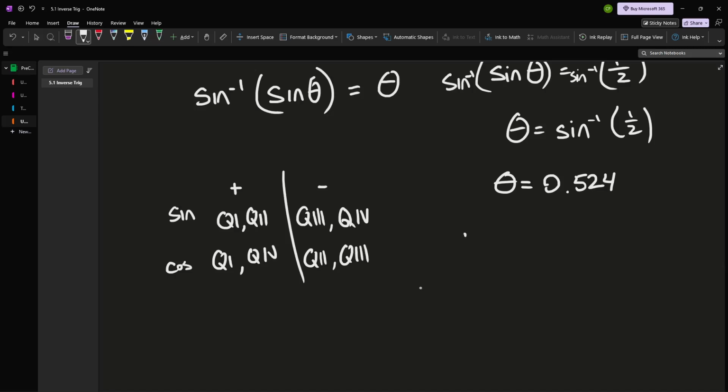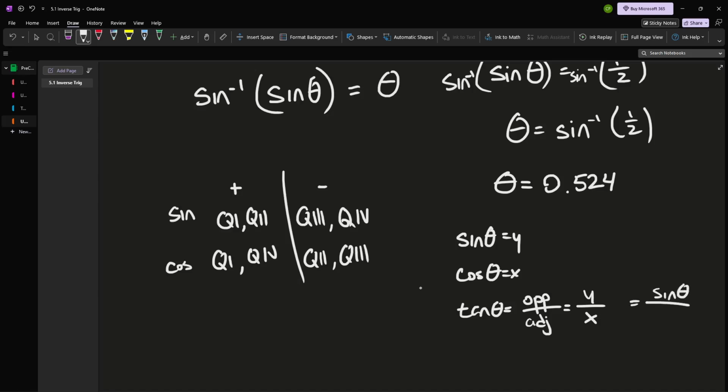So we said before, sine of theta equals y, cosine of theta equals x, tangent of theta, tangent is actually opposite over adjacent. If the opposite is y, the adjacent is x, tangent of theta is equal to y over x. It is also equal to sine over cosine, but we will talk about this property more later.